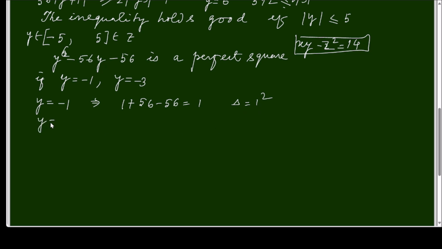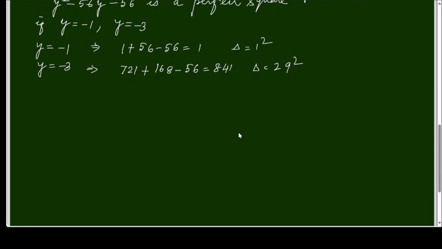When y is equal to minus 3, minus 3 to the power 6 equals 729, and minus 56 into minus 3 gives you 168, minus 56. This gives 841, which is 29 square. So these are the two values, y is equal to minus 1 and y is equal to minus 3.